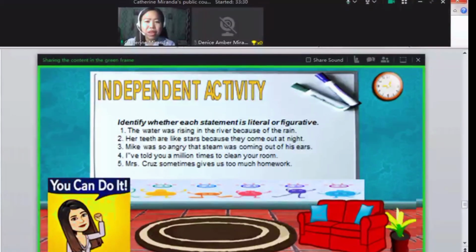Okay, number 5, Mrs. Cruz sometimes gives us too much work. Is this a literal or a figurative language? Correct, this is a literal language. So I am happy that you have now mastered the 2 types of statements, the literal and the figurative statements.